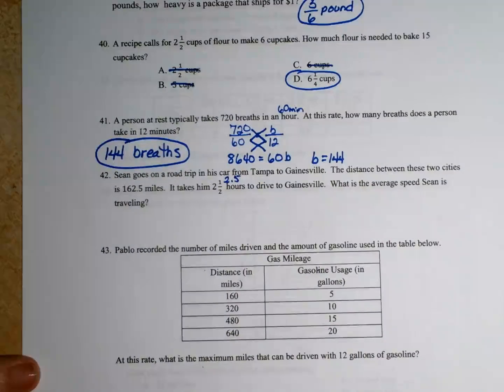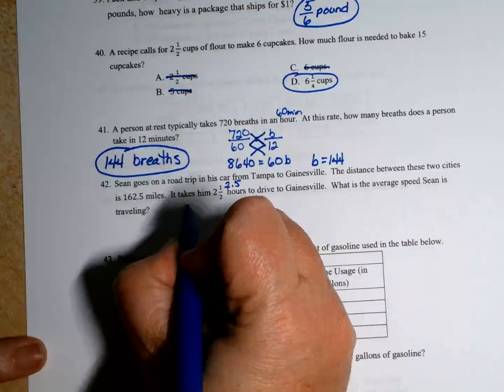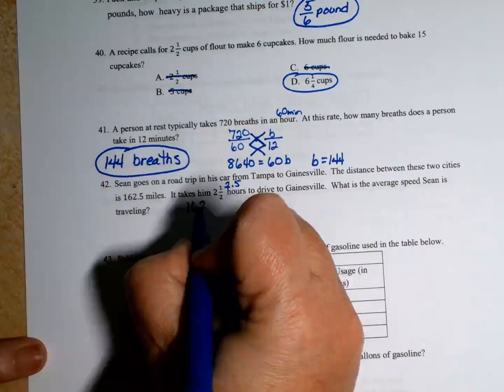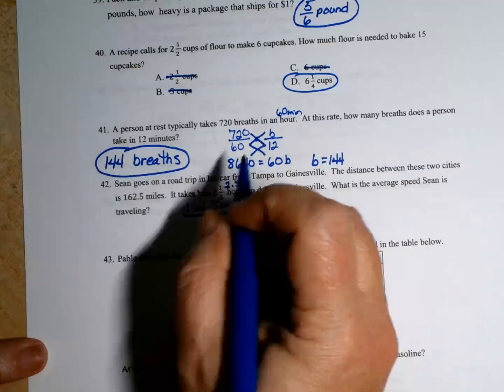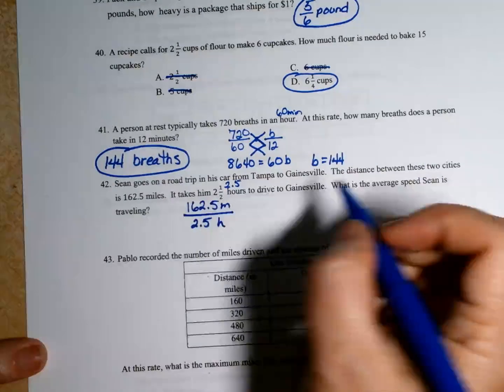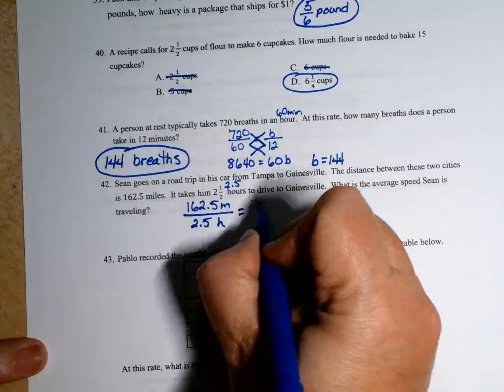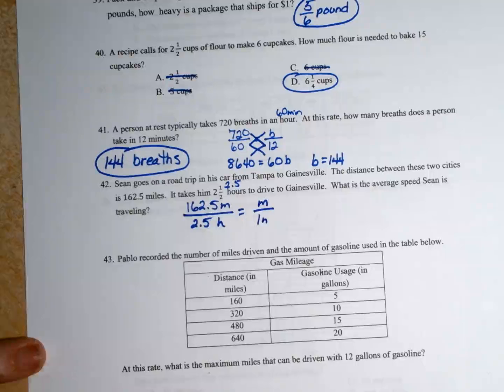Okay? So I know he goes 162.5 miles in 2.5 hours. So I want to know, how many miles does he do in 1 hour?